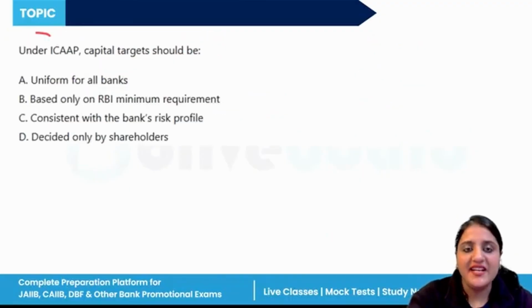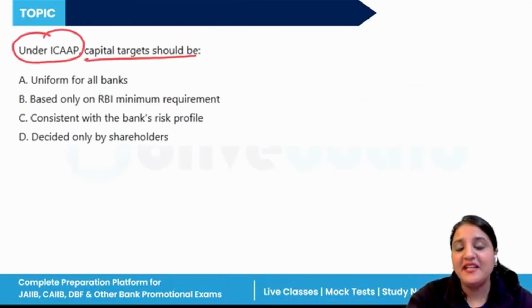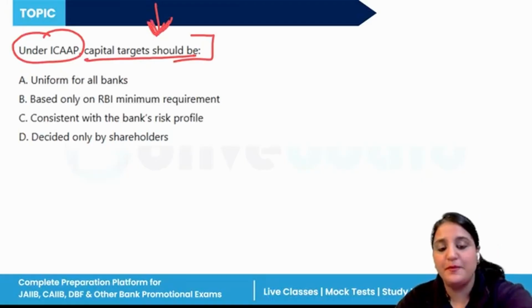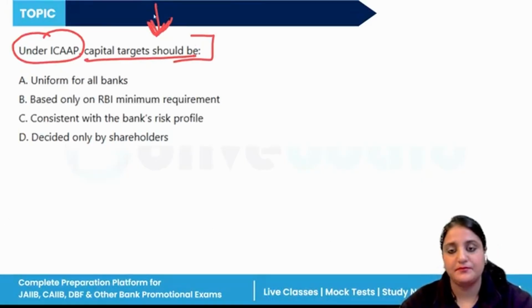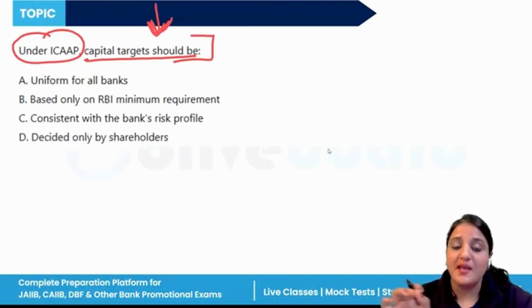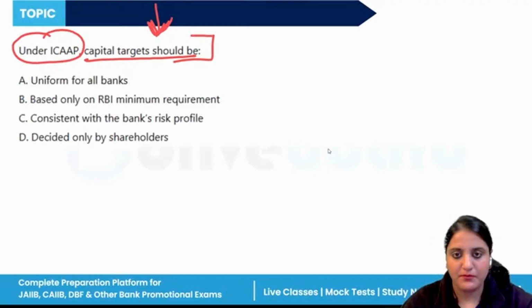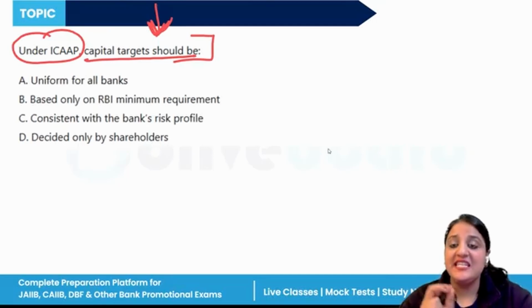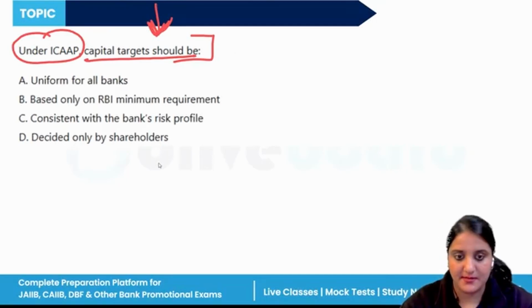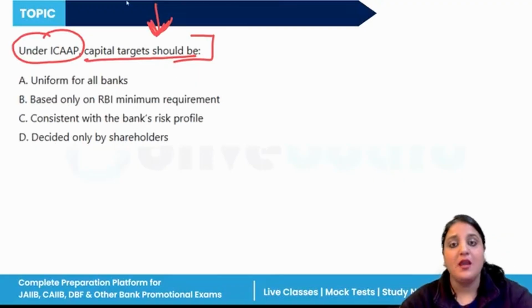Now, under the ICAAP, capital targets should be... Suppose a bank gives high risk unsecured loans and has large exposures to volatile sectors, right?